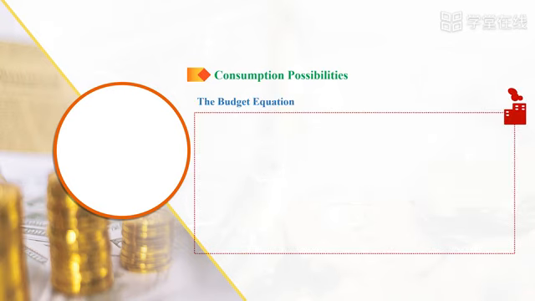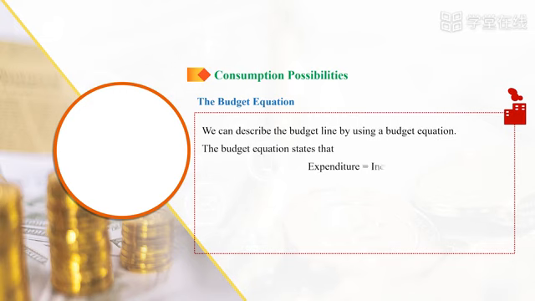Further, we can use a budget equation to describe the budget line. The equation states that expenditure equals income.